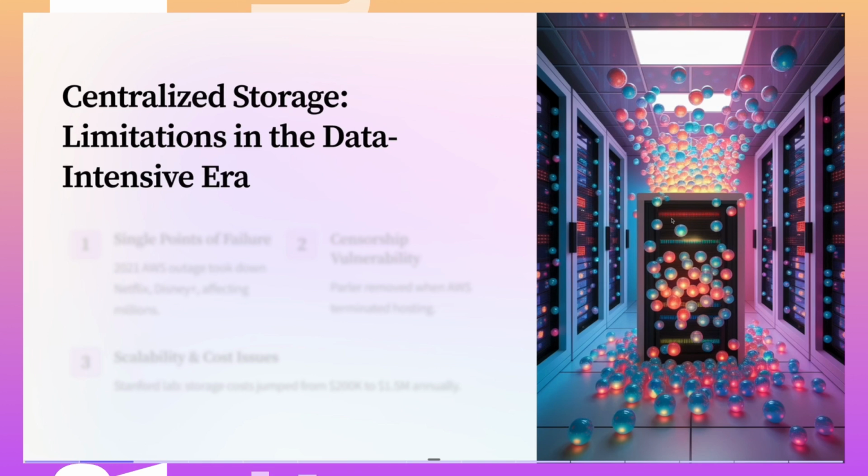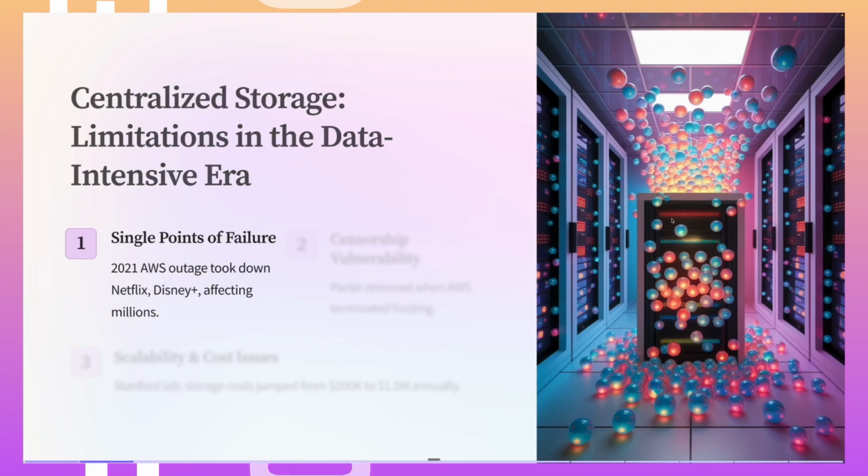So let's take an example. When AWS went down in 2021, it was a major outage. After that it also went down, but regionally. In 2021, when AWS had a major outage, Netflix, Disney Plus, and millions of other sites were taken down. And when Cloudflare went down, we had multiple DNS issues.